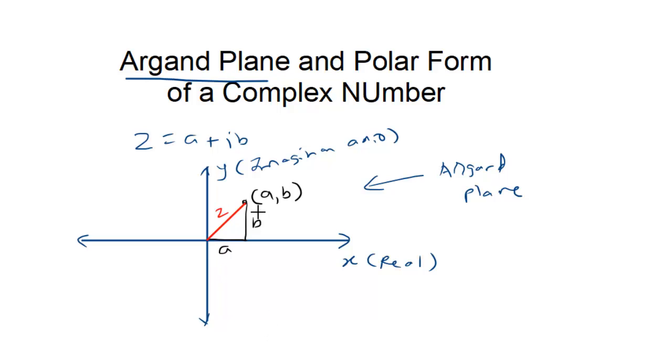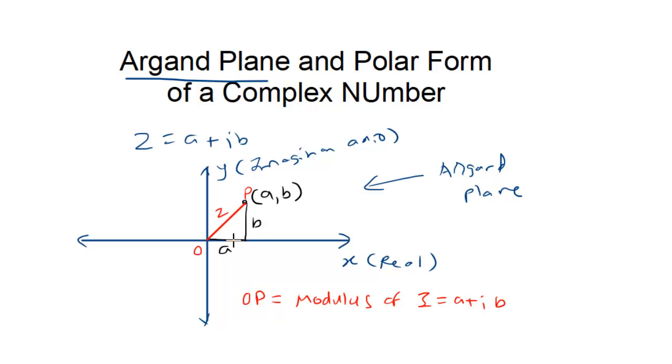So if I represent this point as point P whose coordinates are a comma b, and this is the origin, then OP represents the modulus of z, which is a plus ib.